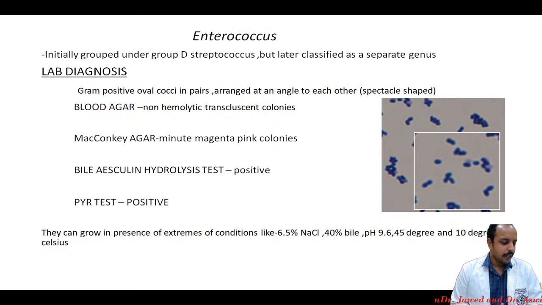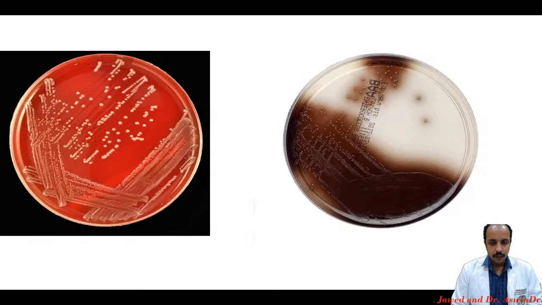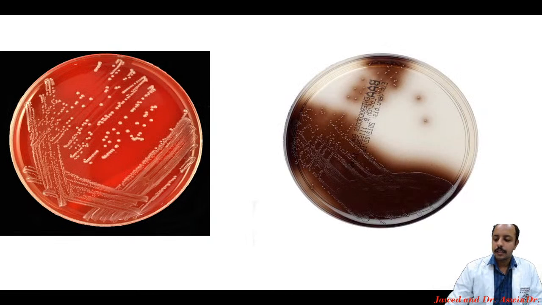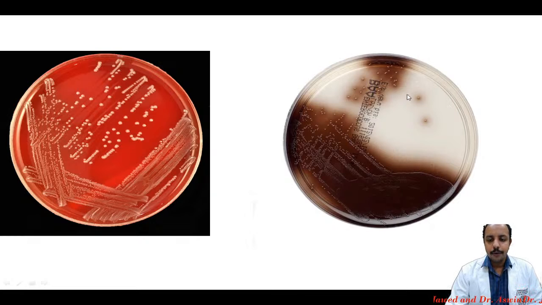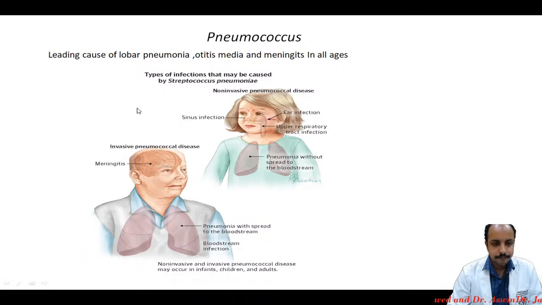And in the plate method, we use 10% sodium deoxycholate directly on the colonies, and after half an hour we can see there is a clearance of the colonies. This is the bile solubility test, and this is the appearance of Enterococcus on the blood agar.